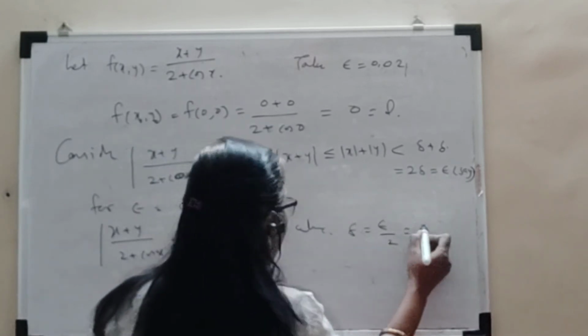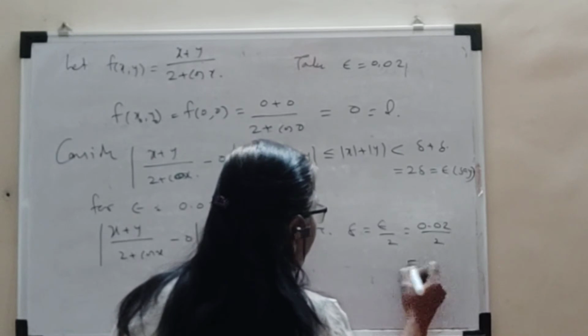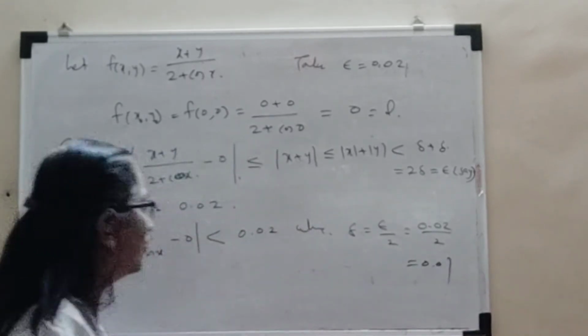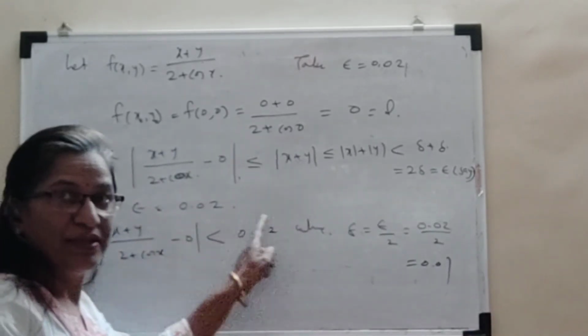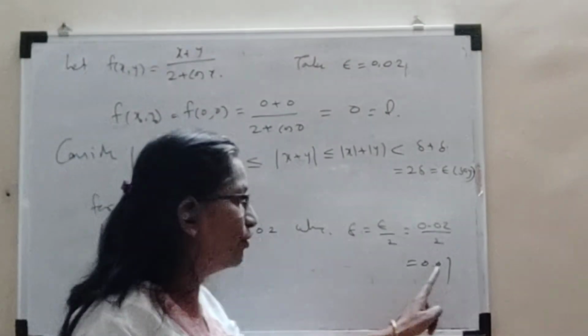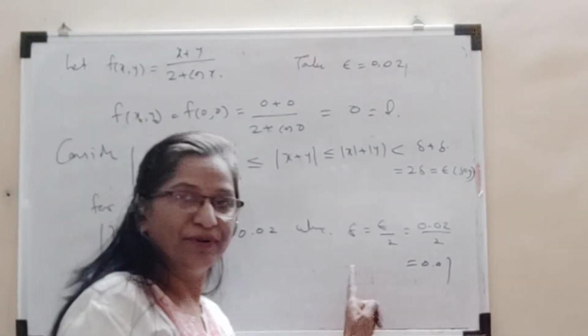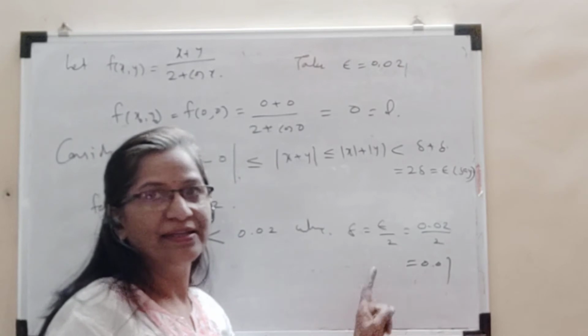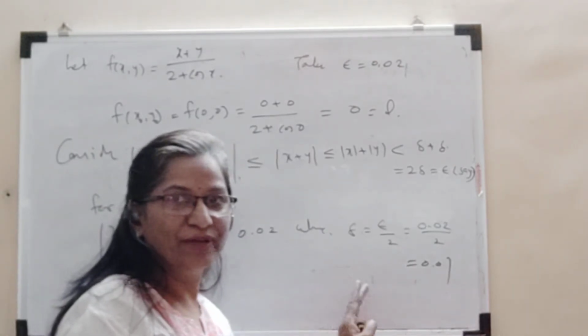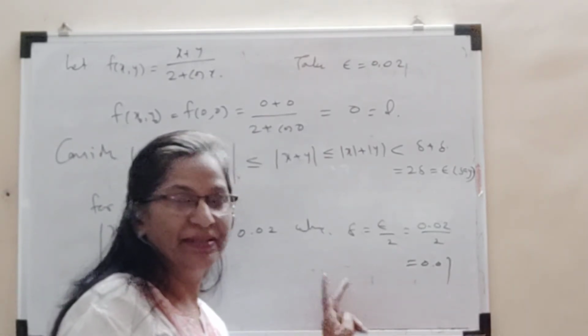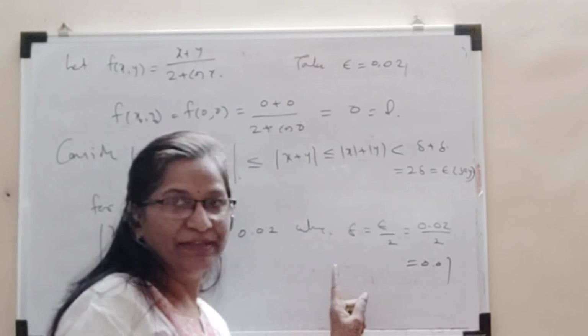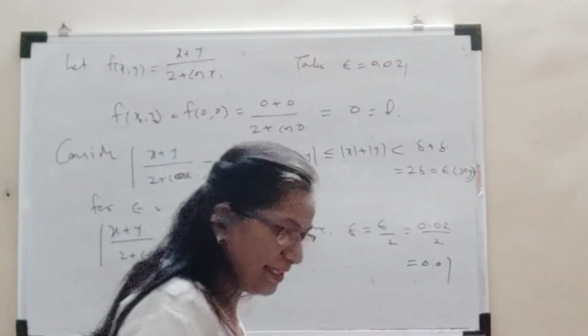So that is 0.02 by 2, which is equal to 0.01. So for epsilon equal to 0.02, there exists delta equal to 0.01. Thus for any epsilon there exists delta. So we can say, in short, for every epsilon there exists a limit for the function, and the limit value is 0. So the limit exists.